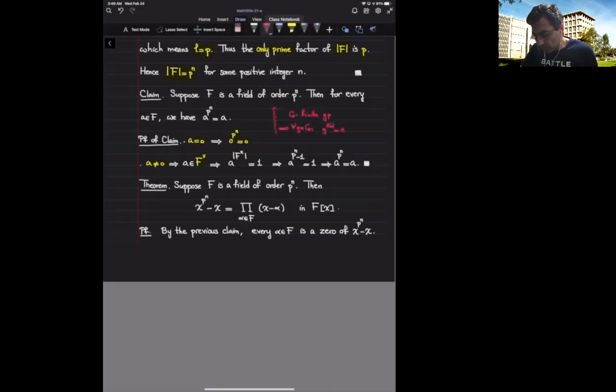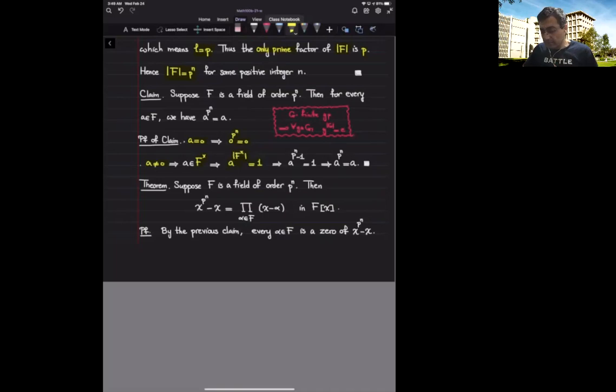Now I'm going to use this for the group of units of this finite field. So every non-zero element of this finite field, when I raise it to the number of units, I end up getting 1.